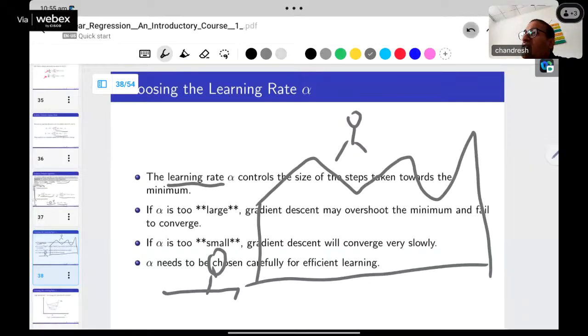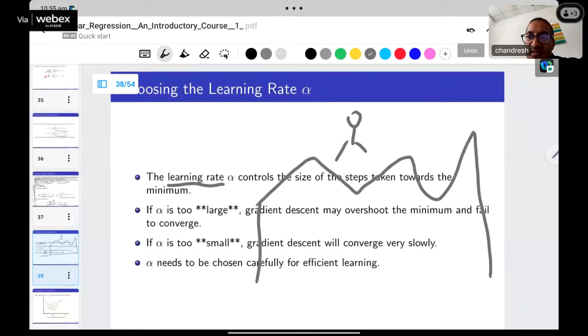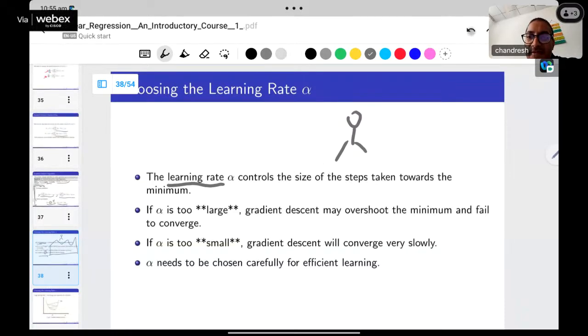Can anyone tell me how you decide to go to the bottom of the hill? What you have to do is choose two things.